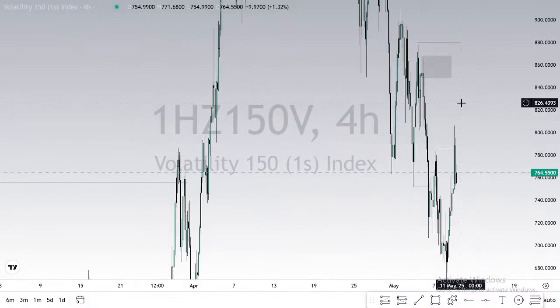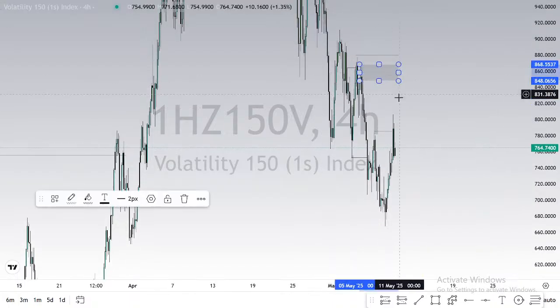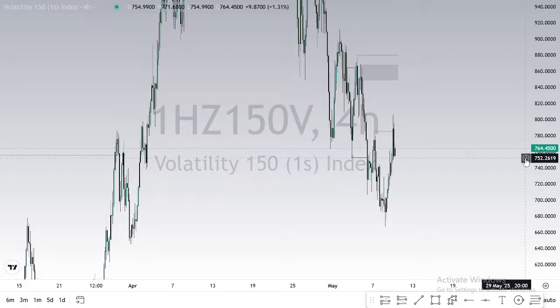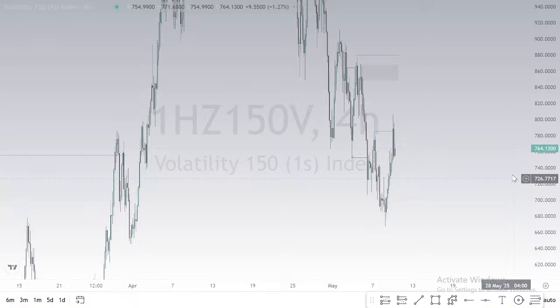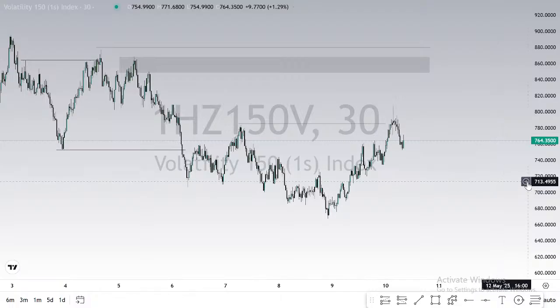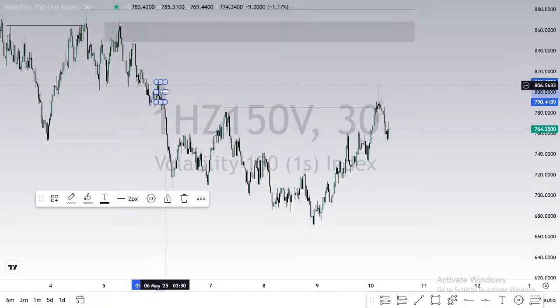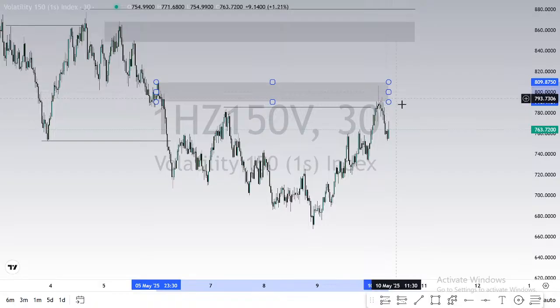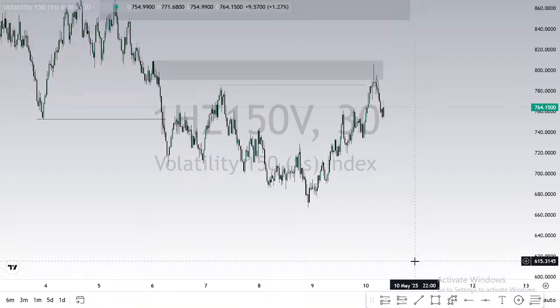All right, it is a good area. So that's my first point of interest. This eye is my first point of interest. Then my second point of interest, let's go back to 30 minutes. My second point of interest is this interest candle.